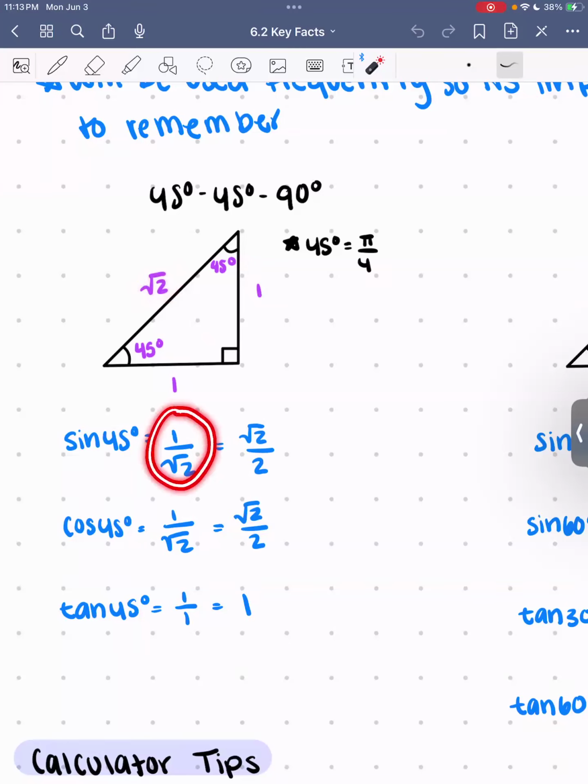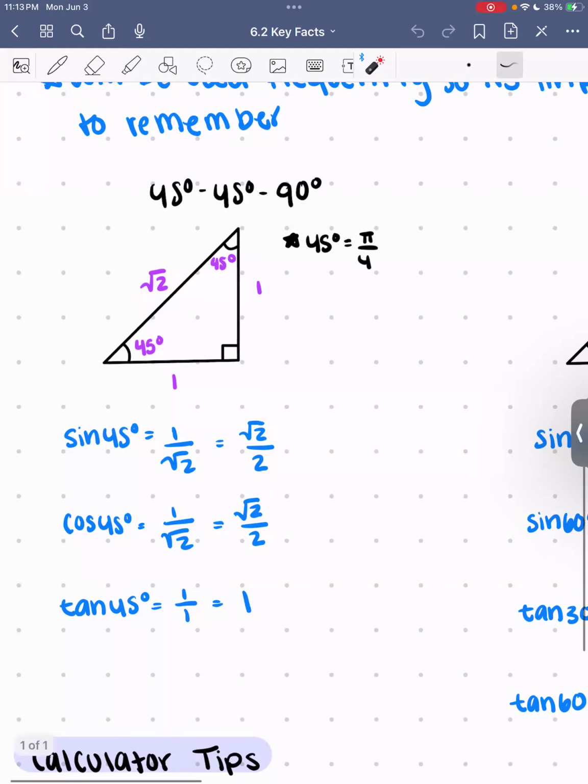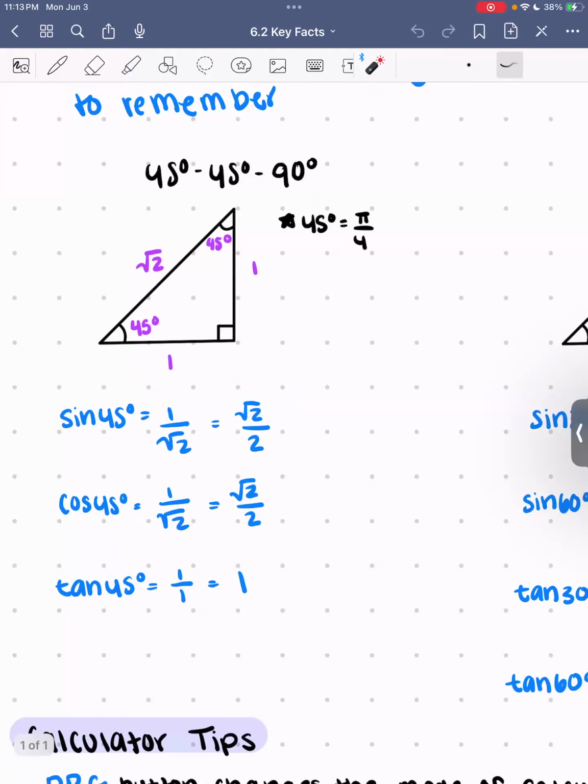That's how we get this. Sometimes you might see it written as square root 2 over 2, which is just a simplified version. Same thing with cosine. Remember, cosine is adjacent over hypotenuse. This would be our adjacent side, this one right here, and our hypotenuse is still square root 2.